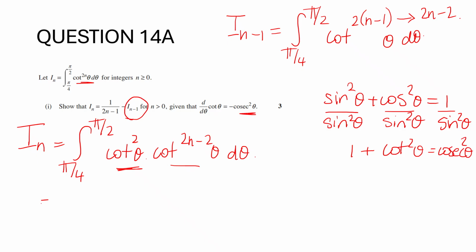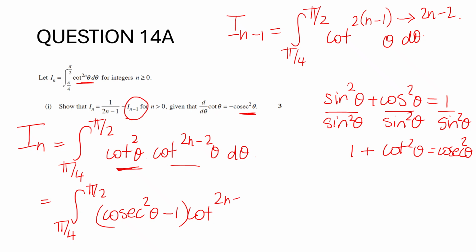So it equals the integral between pi on 4 and pi on 2. Instead of cot squared we have cosec squared theta, take 1, times cot to the power of 2n minus 2 theta d theta.